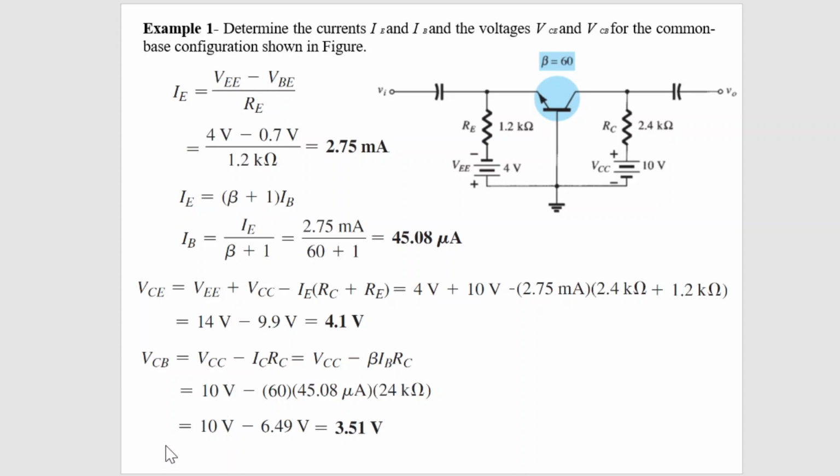So VCB will be equal to 10 volt minus 6.49 volt. If you calculate it, it will give VCB equal to plus 3.51 volts. So the voltage drop across the collector base junction is 3.5 volt.